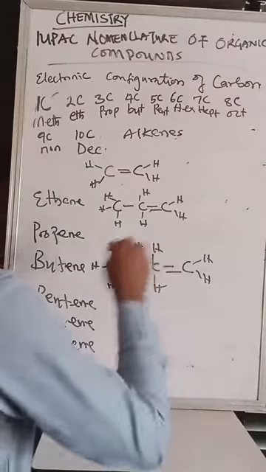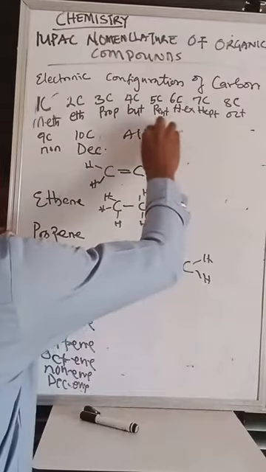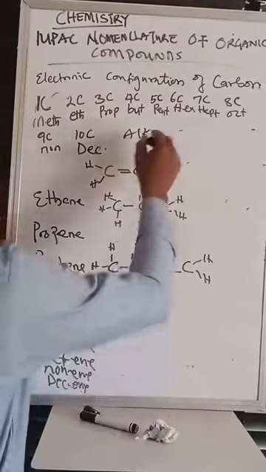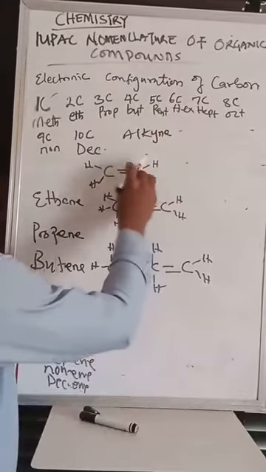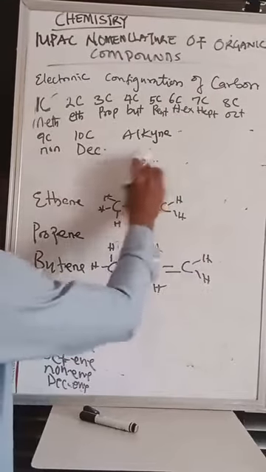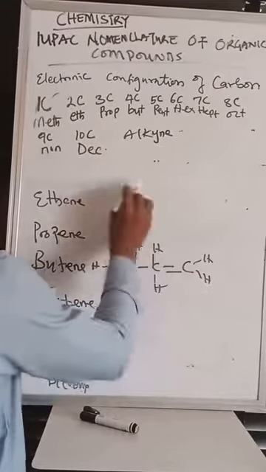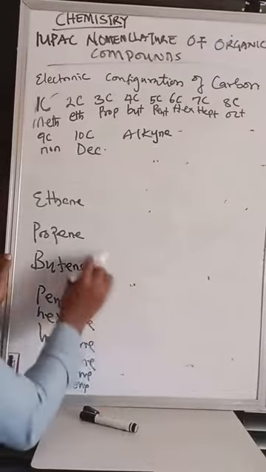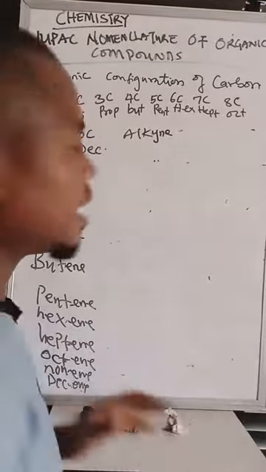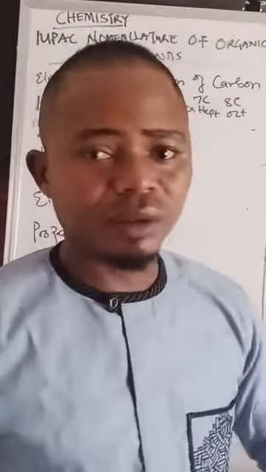Now, let's look at the alkyne series. What makes the difference from the alkanes and the alkenes? The alkanes, like we said, have a single bond.